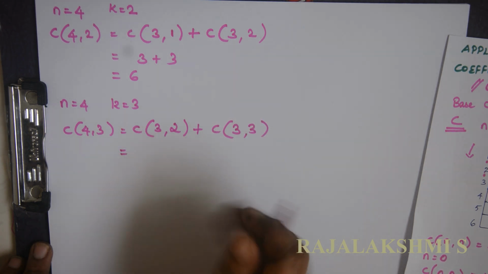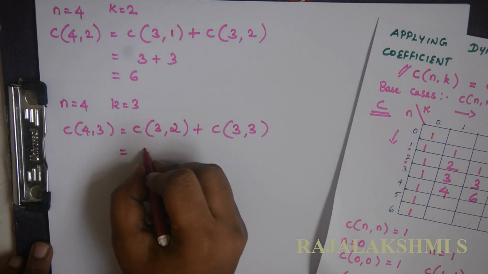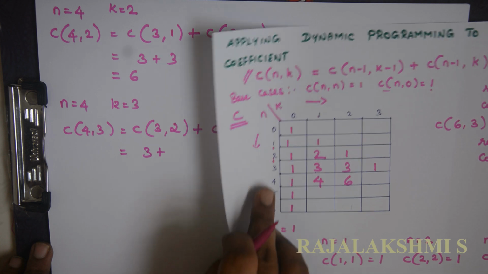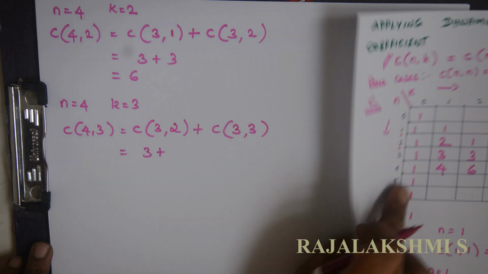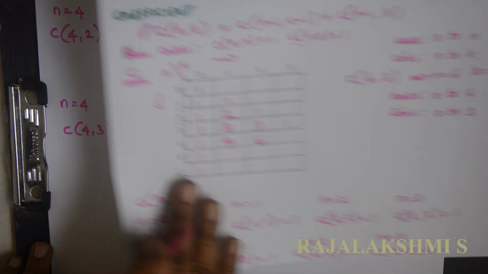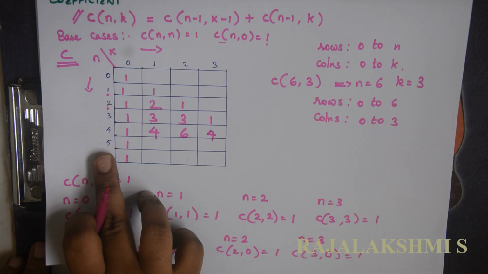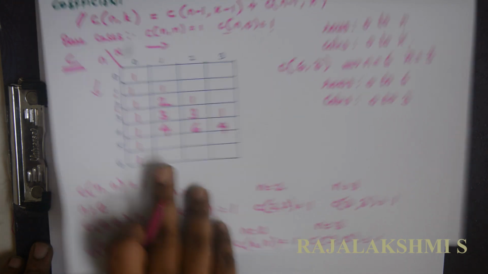So C of 3 comma 2. What is C of 3 comma 2? It is 3, plus C of 3 comma 3, which is 1. So it will be equivalent to 4. So C of 4 comma 3 is equal to 4, right? So now we should find 5 comma 1 when n is equal to 5 and k is equal to 1.